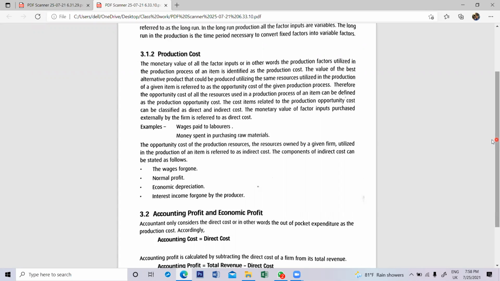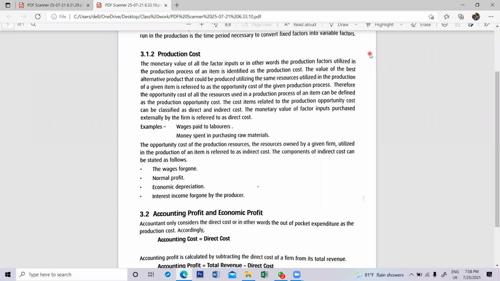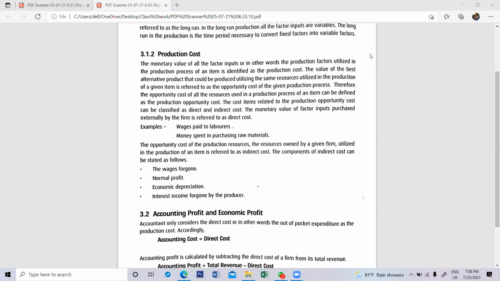Direct cost. For example, there was a person who was employed in an organization for 50,000 rupees. This is the wage he received as a worker.